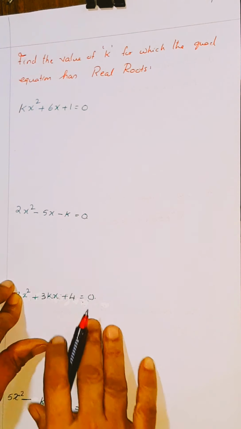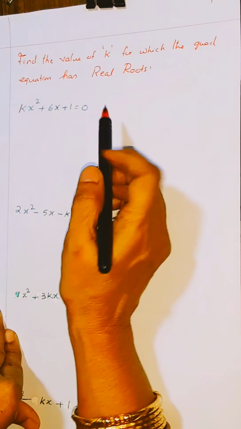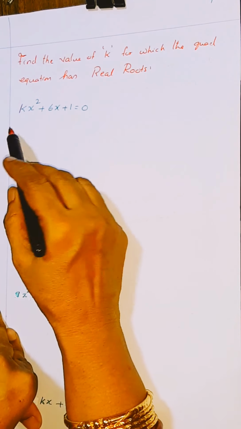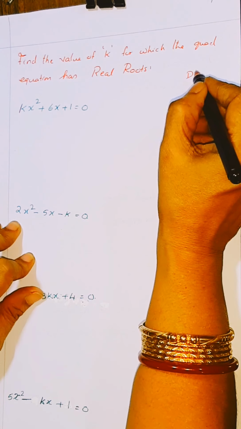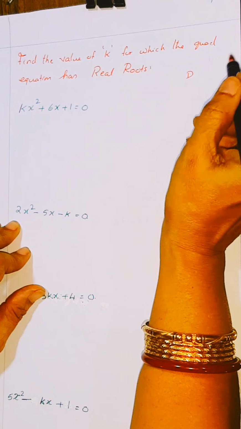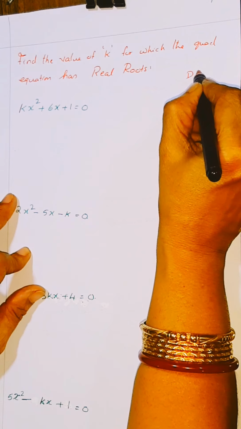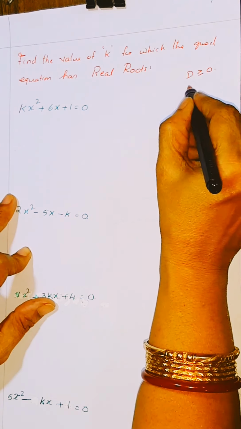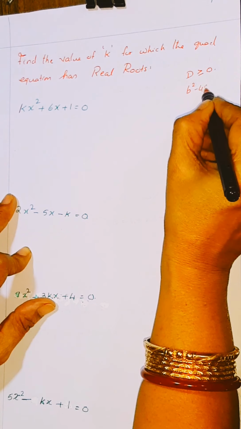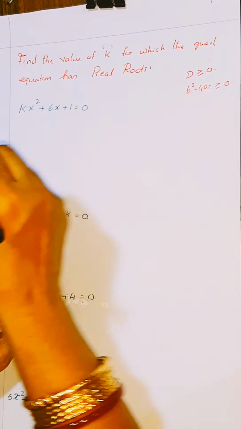So find the value of k for which the quadratic equation has real roots. So for real roots, that means it is either distinct or equal. So now we have to find D greater than or equal to 0. So b squared minus 4ac is greater than or equal to 0.